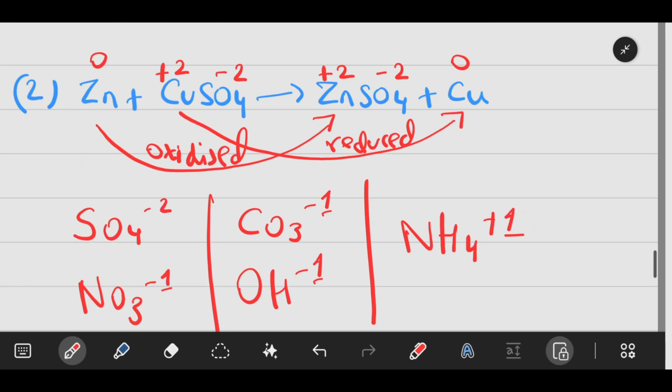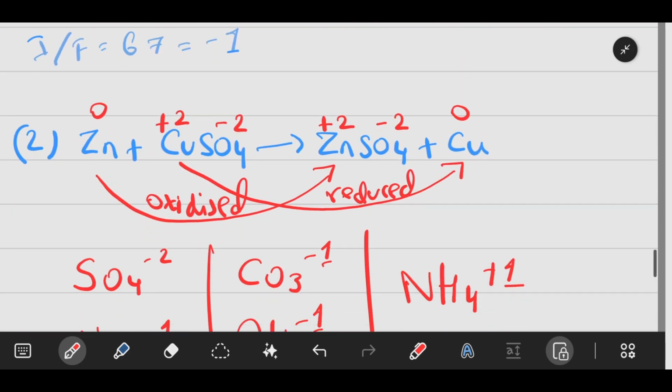Like so we did with the first equation, in which we had sulfate present as a reactant.